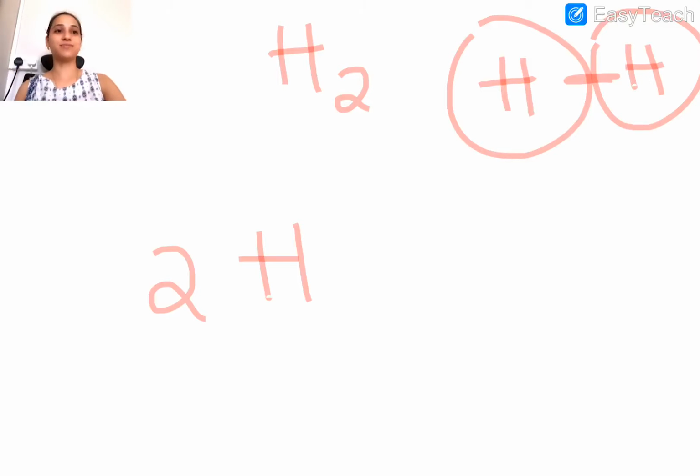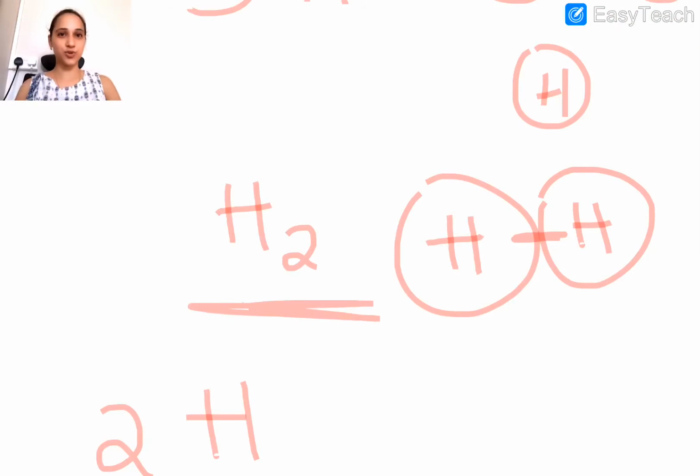But if I say H2, it means now they are bonded. So H2 is this: H and H bonded to each other. Make sure you go back on your work, correct anything that you got wrong, and make notes in your copybook about the misunderstandings that you had.